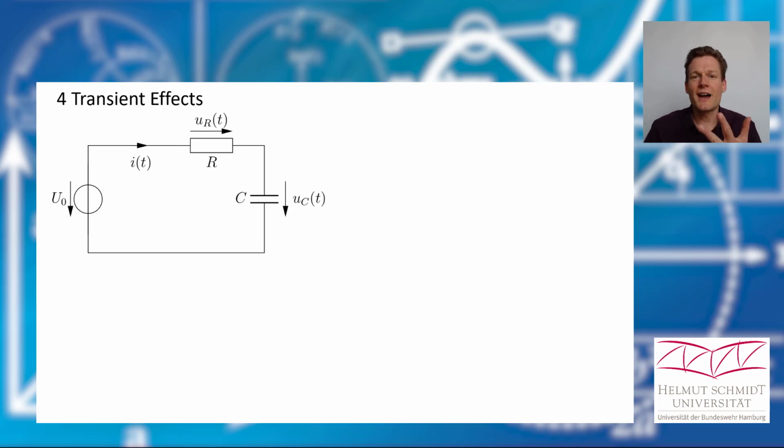Okay, let's have a look how we could solve it. We have three unknowns, and that means we need three equations to solve our problem. We could start with our element equations. We know at a resistor that voltage and current are connected with Ohm's law. And from today, you know the element equation for the capacitor.